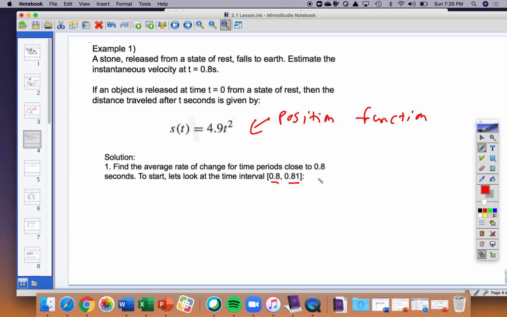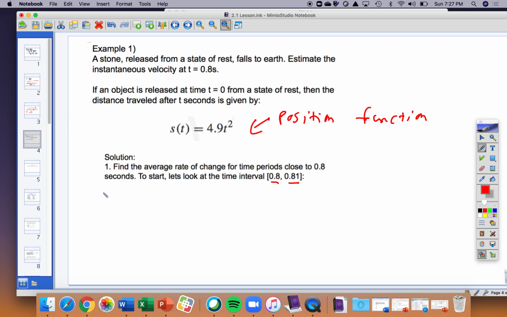So it's 1/100th of a second difference. We can do that because now my denominator is no longer 0. My change in time is actually a number as opposed to 0. So if we find the average velocity of two very close moments in time, we can at least estimate how fast it's going at 0.8 seconds.